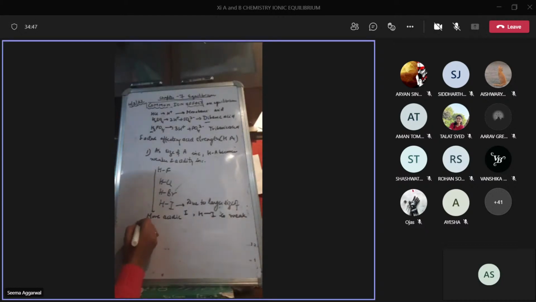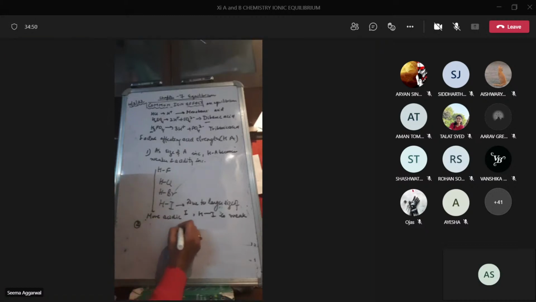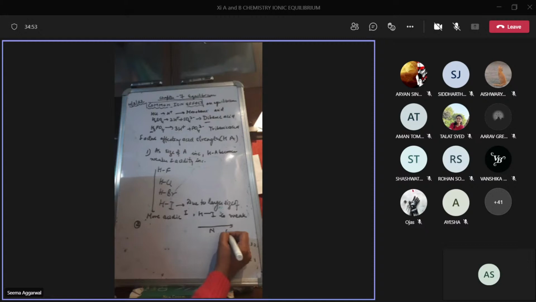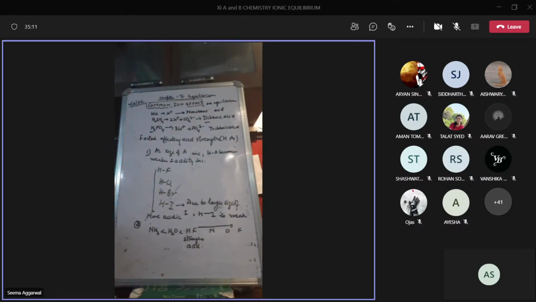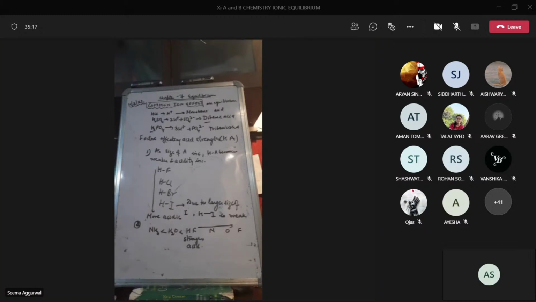Now, the second thing: suppose we have nitrogen, oxygen, fluorine. If I am taking ammonia, H2O and HF, we know that ammonia is a base, so HF is a stronger acid. Why? Can anyone explain why ammonia is a base but HF is a stronger acid? Ma'am, maybe because fluorine is more electronegative than nitrogen.